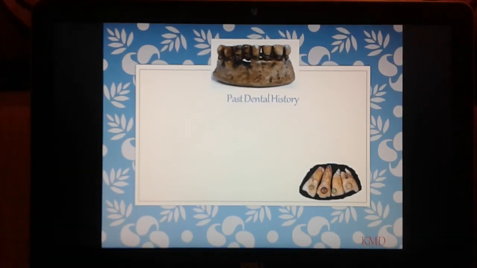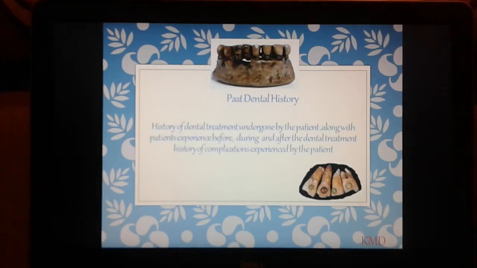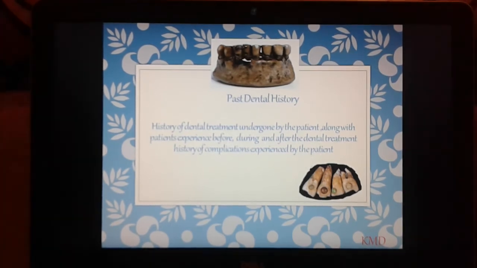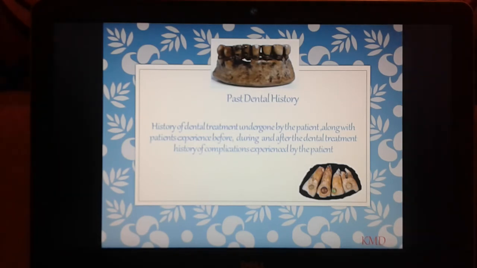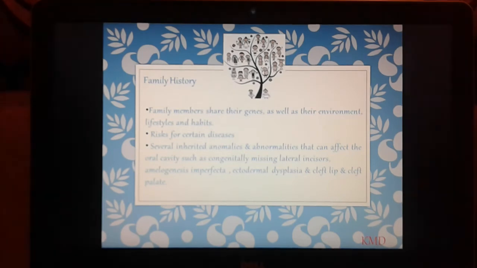The past dental history, or the history of dental treatment undergone by the patient along with the patient's experience before, during and after the dental treatment, is very important, and also a history of complications experienced by the patient previously during any dental procedure, as in whether any procedure was eventful, as in surgical aspects.